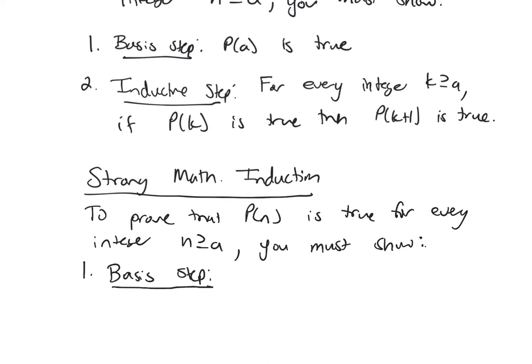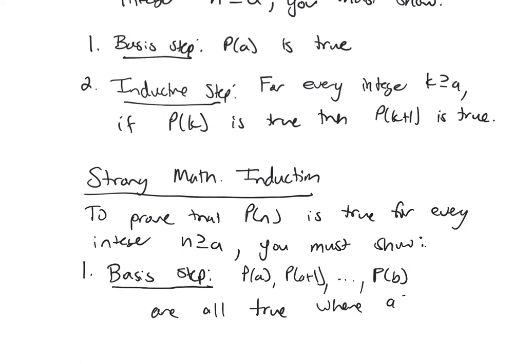Now, one thing that changes is your basis step. It's not just an initial value that you need. It might be more than just one value. So P(a), P(a+1), all the way up to some P(b) are all true, where a is less than or equal to b. So it might not just be one initial value, it might be two initial values or three initial values.